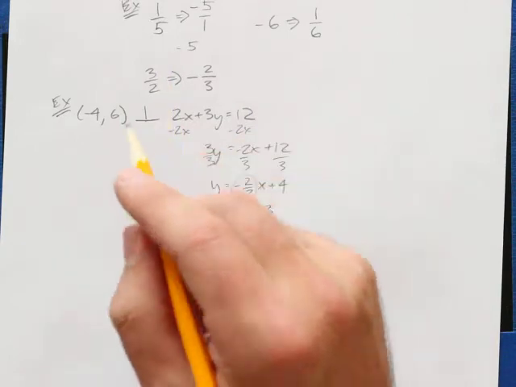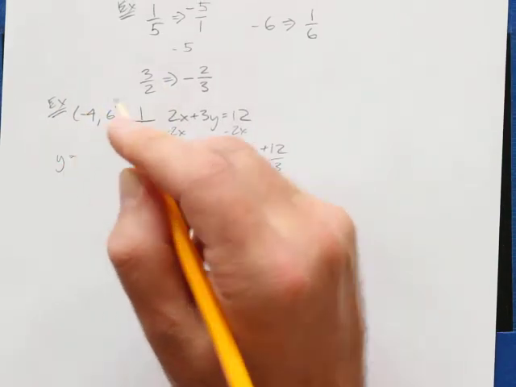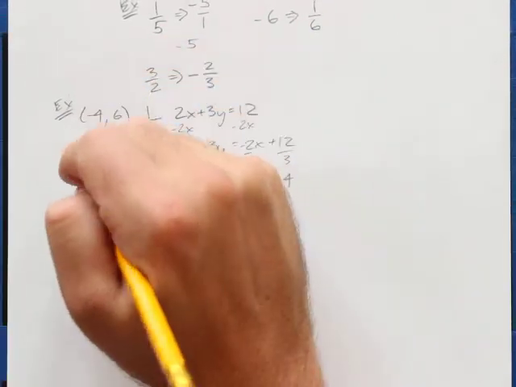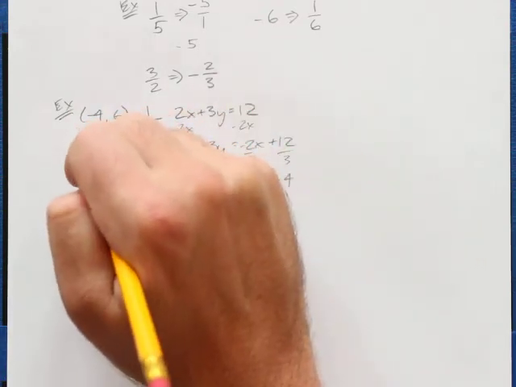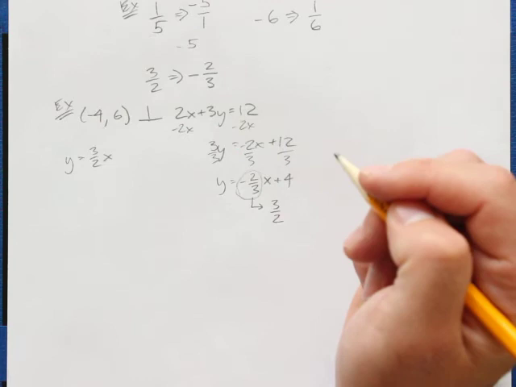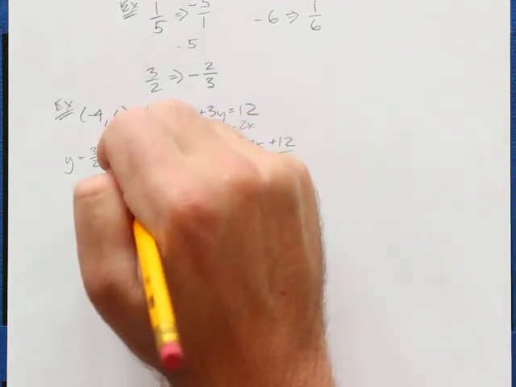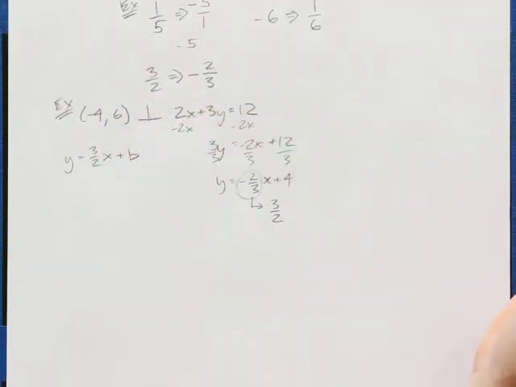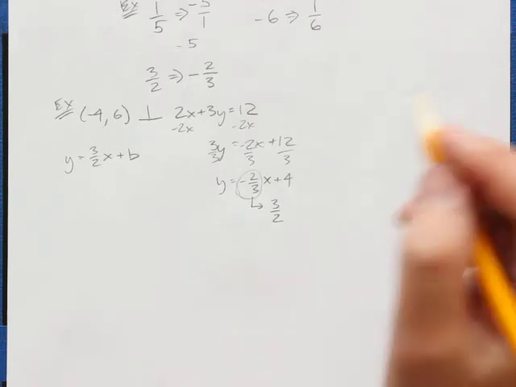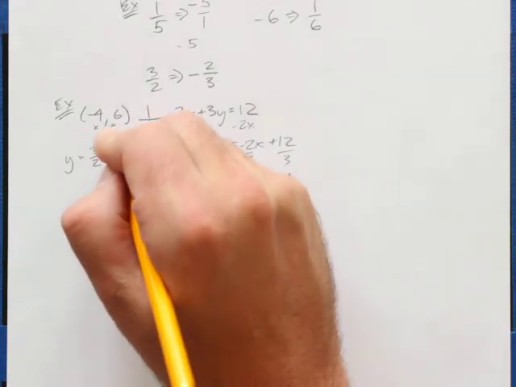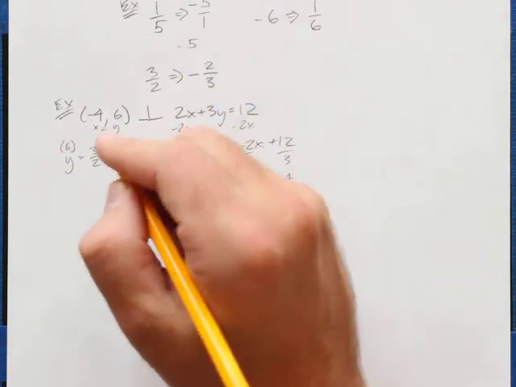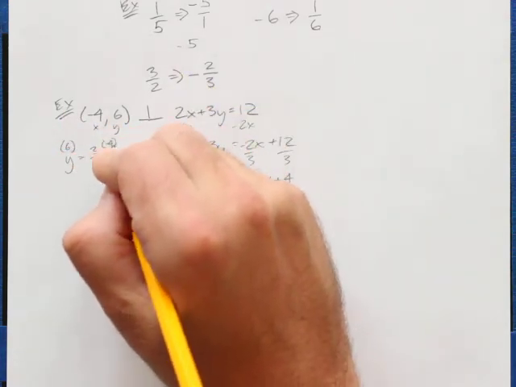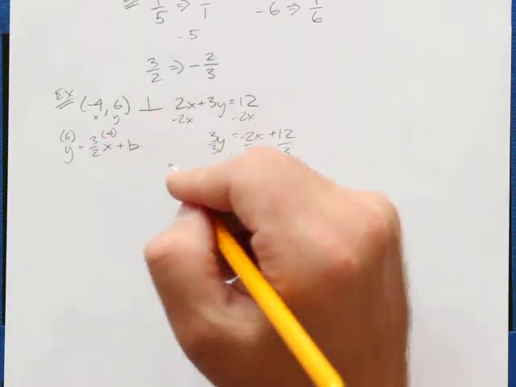So let's go ahead and do what we've already done here. y equals mx plus b. My slope is 3/2, and then I multiply that by x. I don't know what my y-intercept is yet, but I do know that x is -4 and y is 6. So I'm going to plug in 6 for y and -4 for x.